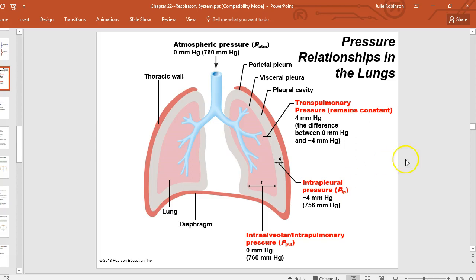Transpulmonary pressure is the mathematical difference between intraalveolar and intrapleural pressure, and we're not really going to worry too much about that one, other than to say that it should remain constant. So when we are inspiring or expiring, what our alveoli are trying to do is equalize internal air pressure and external air pressure.